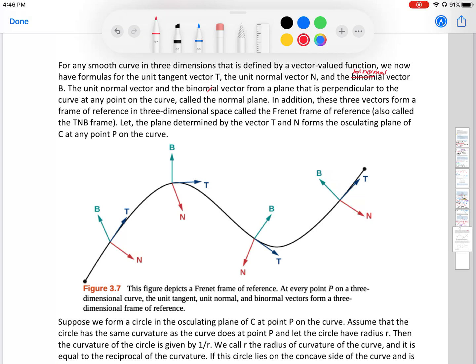In addition, these 3 vectors form a frame of reference in 3-dimensional space called the Frenet frame of reference, also called the TNB frame.